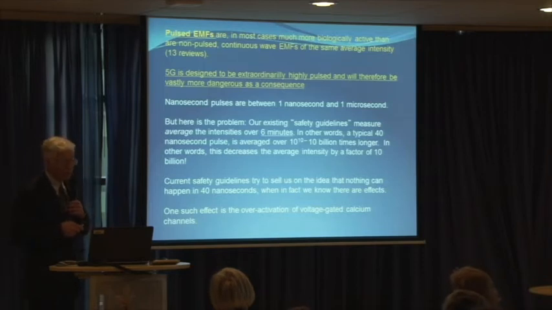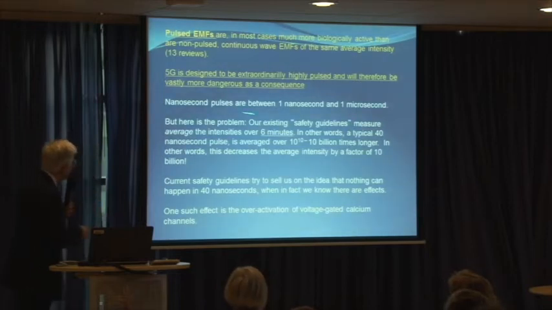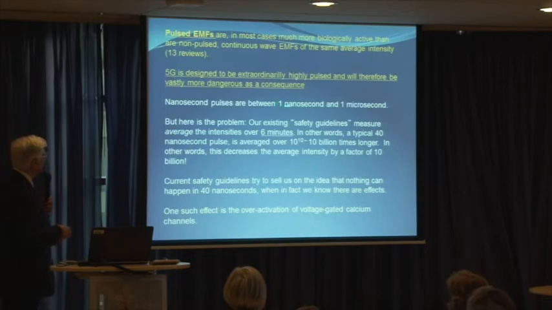What I'm going to show you is that the safety guidelines are entirely based on average intensities, and therefore they don't work for a number of reasons, and we'll talk about those very briefly. There are also nanosecond pulses, defined as pulses between 1 nanosecond and 1 microsecond.